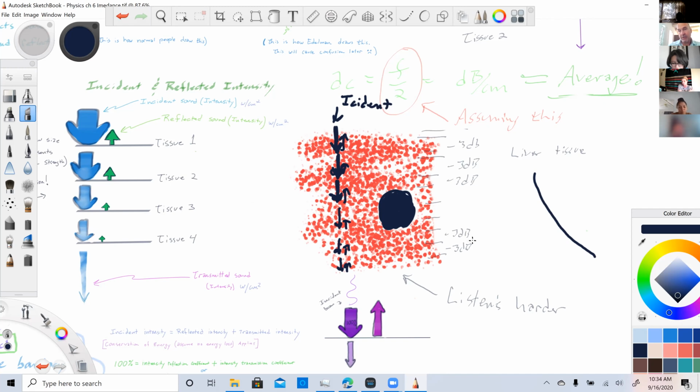We get to the cyst. Well, let's go with the extreme example. And it's actually not far from this. 0 dB, 0 dB. Here we are. We've made all these assumptions. We're assuming that it's all just liver. The machine is. We know better, but the machine has to make assumptions. It's assuming an attenuation coefficient of frequency divided by 2.